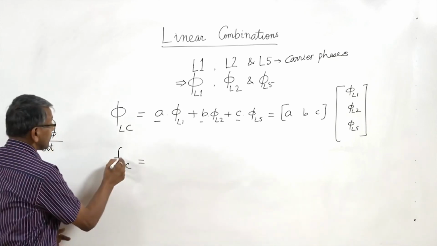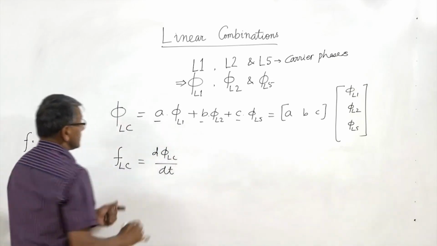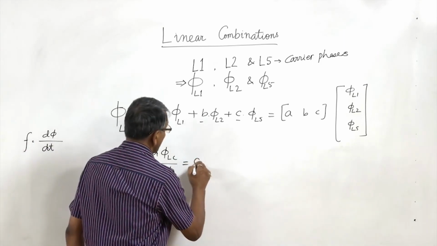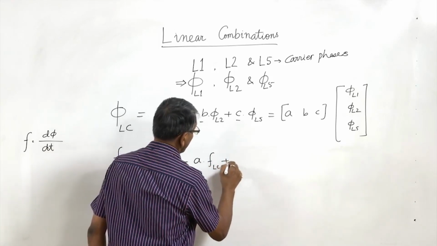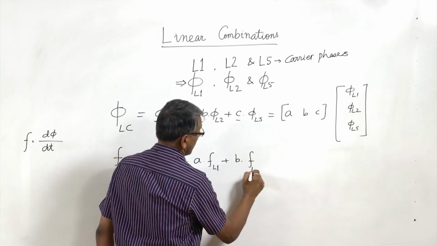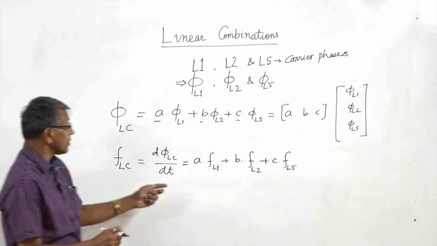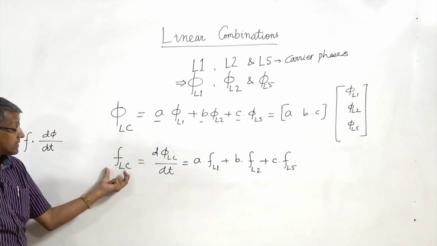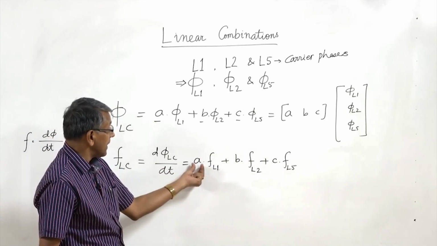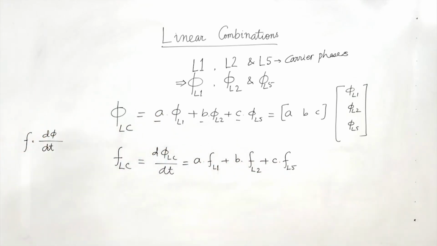So the frequency of the linear combined signal will be like this, which we can also write like so. The frequency of the combined signal will be the multiplication of the parameters A, B, C by the corresponding frequencies of the signals.